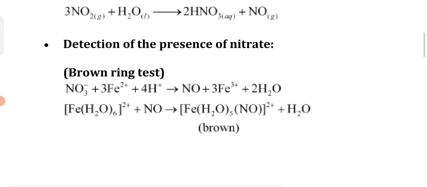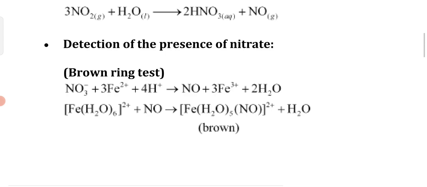After that we add concentrated sulfuric acid, H2SO4, dropwise with a dropper in an inclined position. If we wait some time, we can see a brown ring formed between the two layers of the liquid, and this test indicates that nitrate ion is present in your sample.